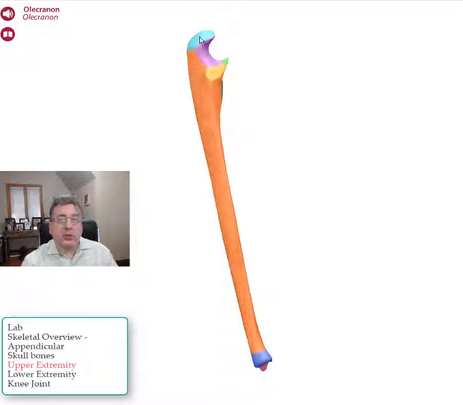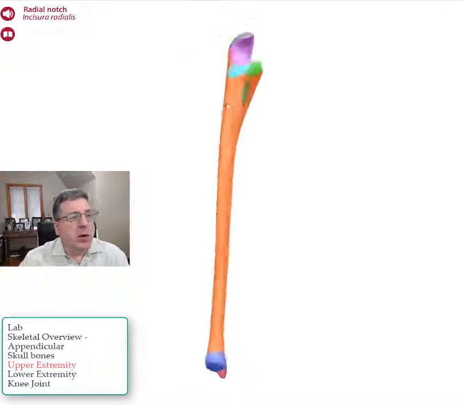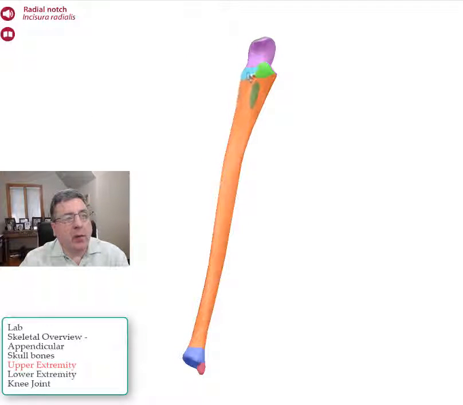So go back and look at what the olecranon fossa is, and when you do elbow extension, the olecranon is then going into the olecranon fossa. We have a radial notch, so the radial head is going to articulate with this. Remember that rounded part of the radial head, it articulates here. Trochlear notch, this is what articulates with the trochlea of the humerus.